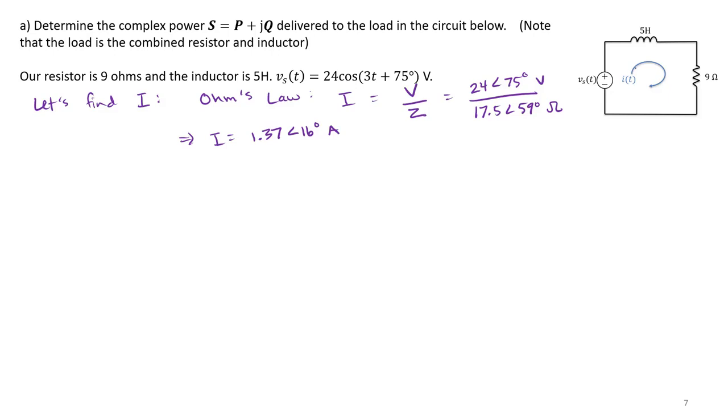And again, our voltage V for the load must be equal to the voltage across our source, so we'll use V is 24 angle 75 degrees volts.